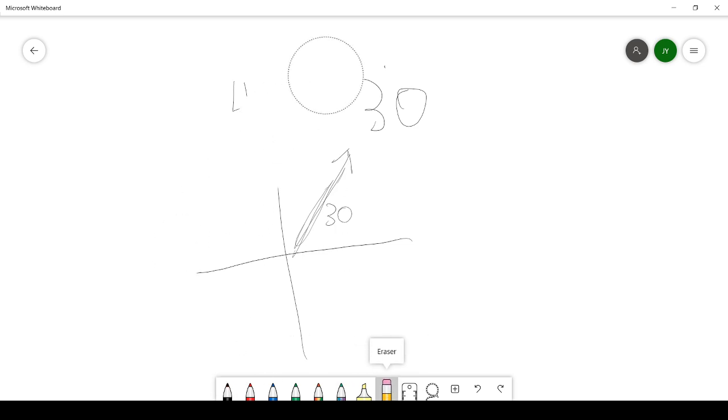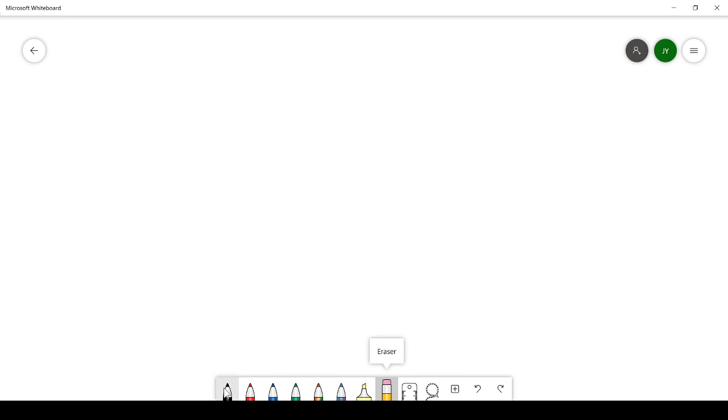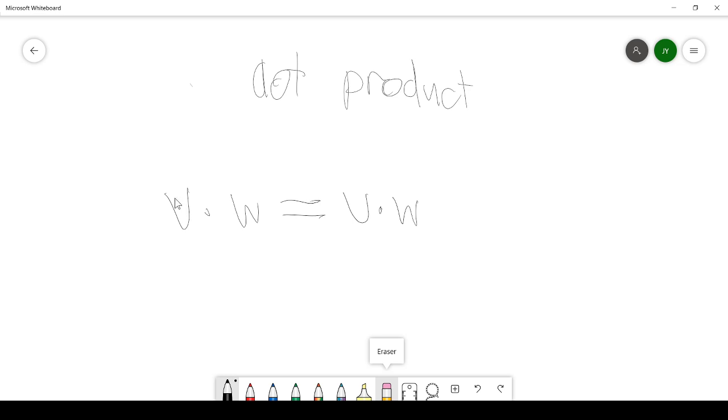Now, the final concept that we need to go over in this video is how to multiply vectors. To multiply vectors, you need to apply something called the dot product method. So you take v times w, and by the way, when you write v without the arrow on top, it means you're referring to the magnitude of the vector rather than the direction.